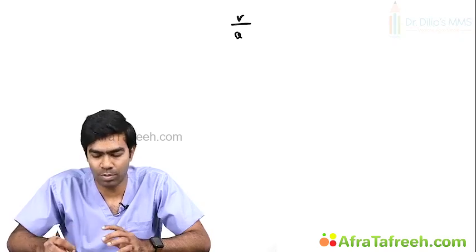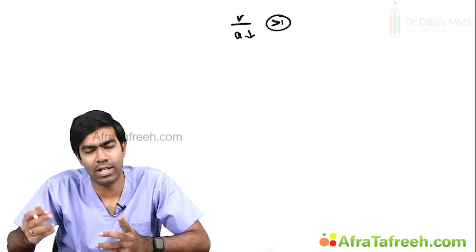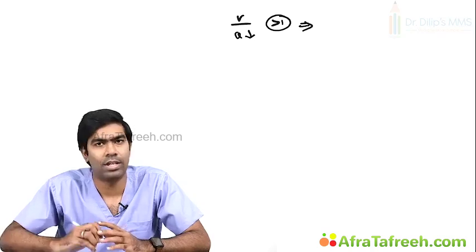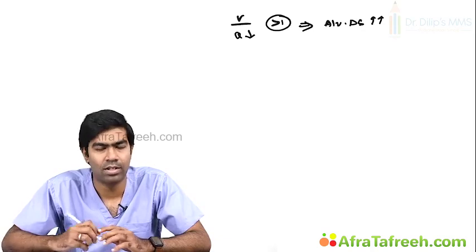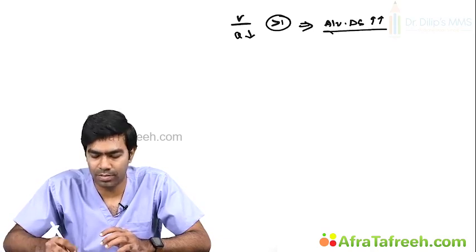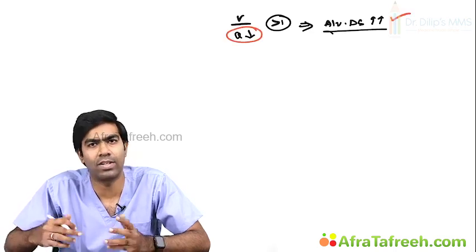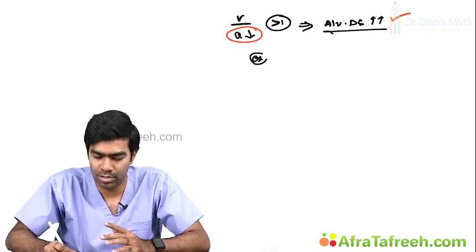I told you in VQ mismatch, the perfusion reduces, the ratio becomes more than 1. It can even reach infinity in a massive pulmonary embolism, but the ratio becomes more than 1. If it becomes more than 1, this is what we refer to as an expansion of alveolar dead space. So which means if my perfusion decreases, my alveolar dead space increases, that will increase my PaCO2, EtCO2 gradient as well.